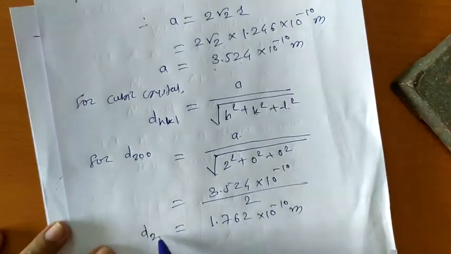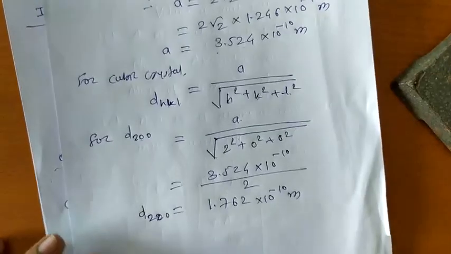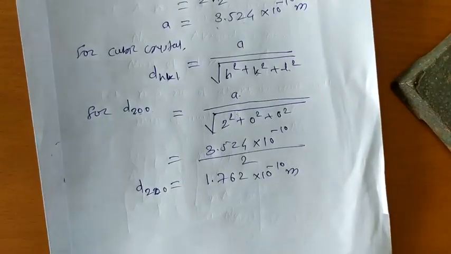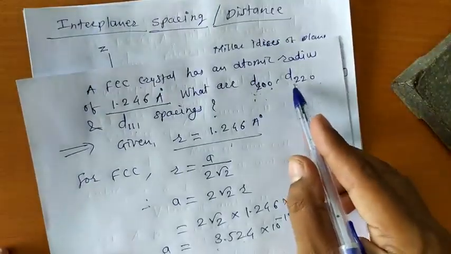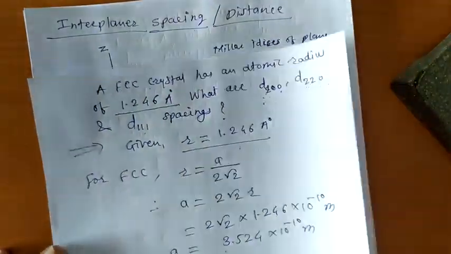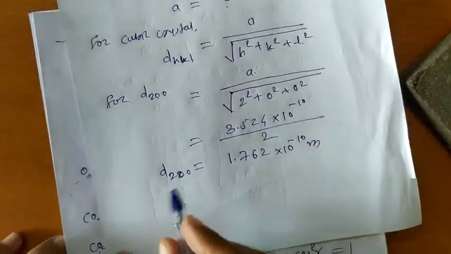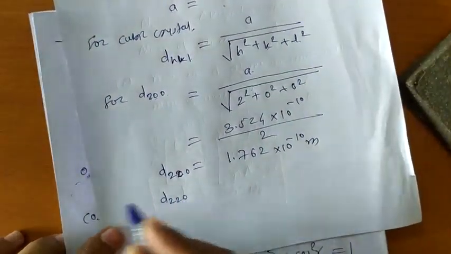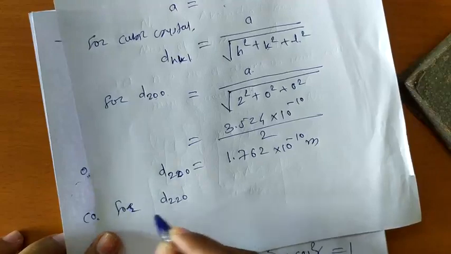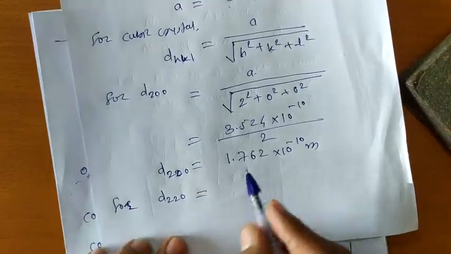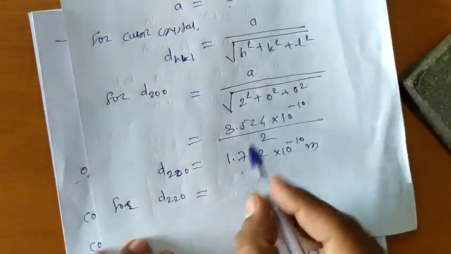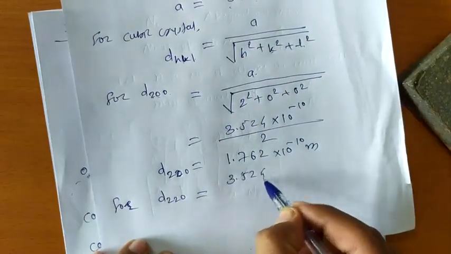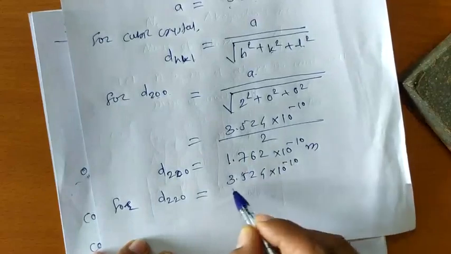This is the spacing of 200 plane. Okay. Similarly, we have to find out the spacing for D220 plane. Now for D220 plane, this equation becomes A upon under root of 2 square plus 2 square plus 0 square. What is A? A equal to 3.524 into 10 raised to power minus 10 meter.